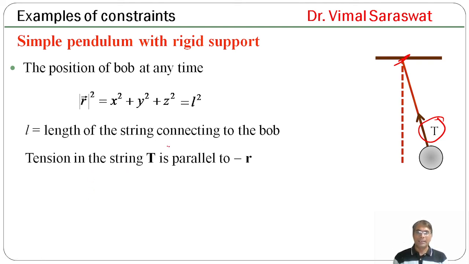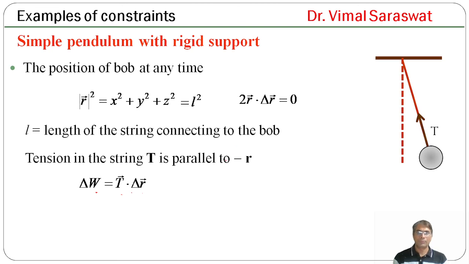Tension in the string T is parallel to minus R, and R is the position vector, which is measured from this point. So the tension T is antiparallel to vector R. So del W equals T dot del R.